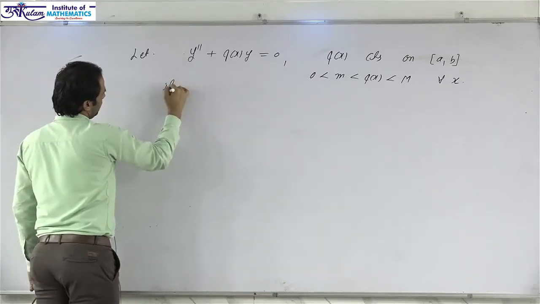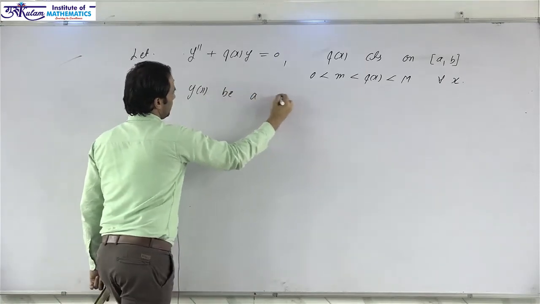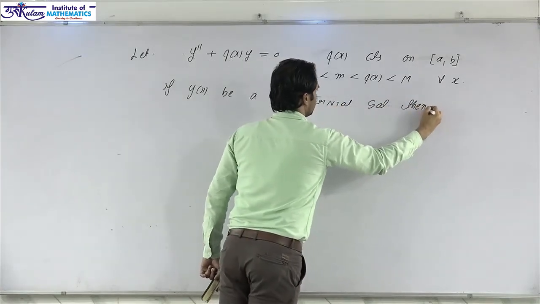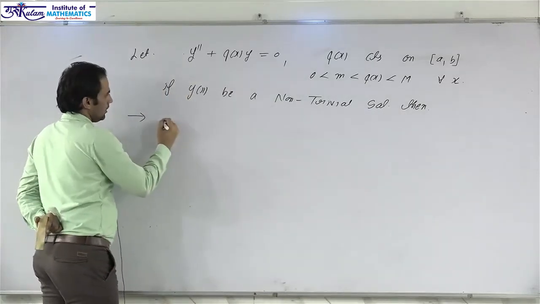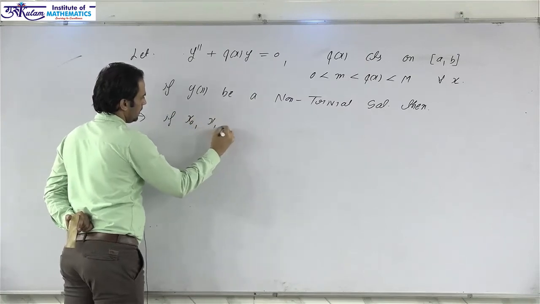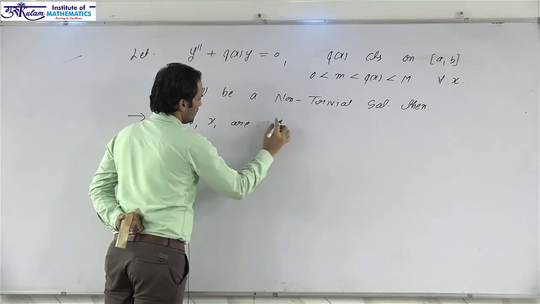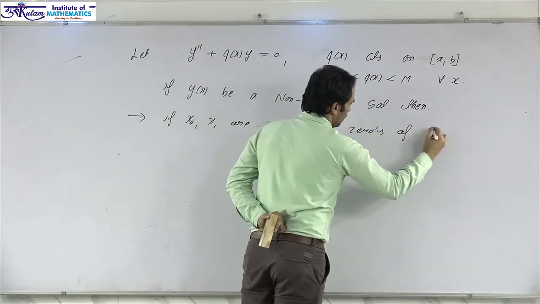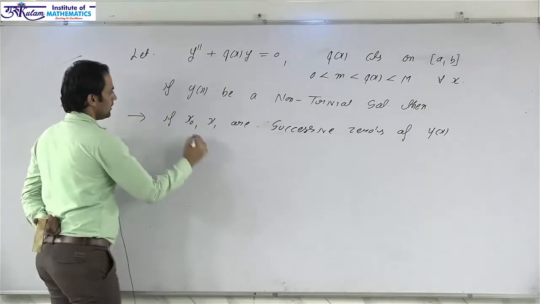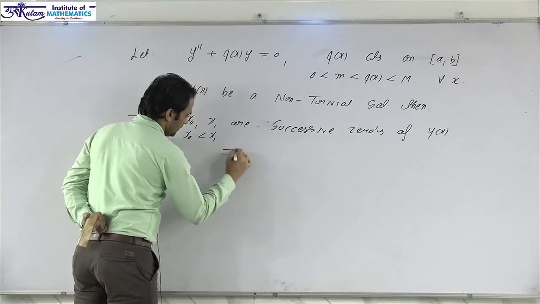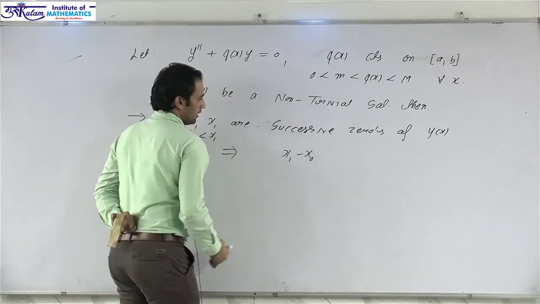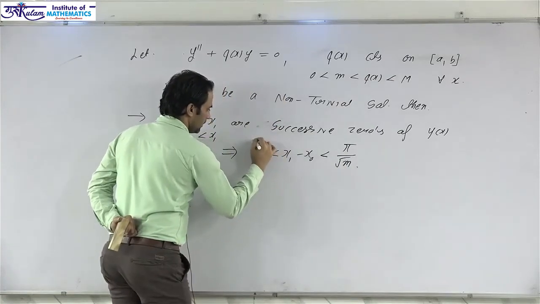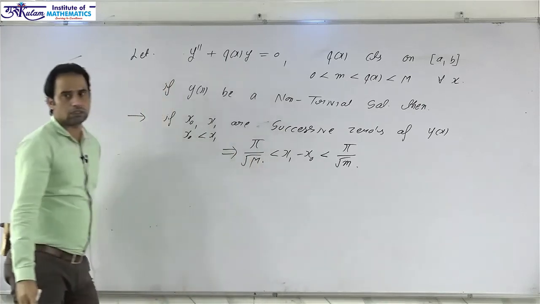One of the properties, if y(x) is a non-trivial solution, then first property: if x0 and x1 are successive zeros of y(x), and assuming that x0 is less than x1, then x1 minus x0 is less than pi by square root of m and greater than pi by square root of M. So this is the first property.